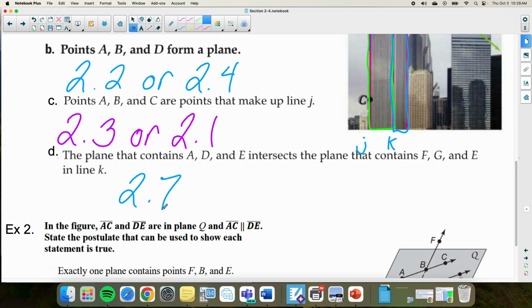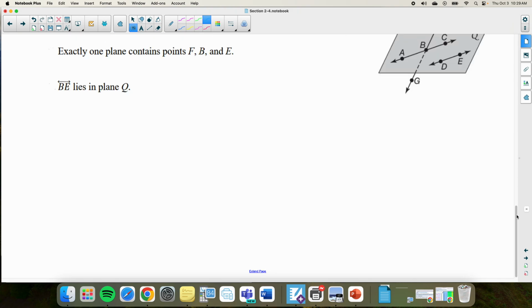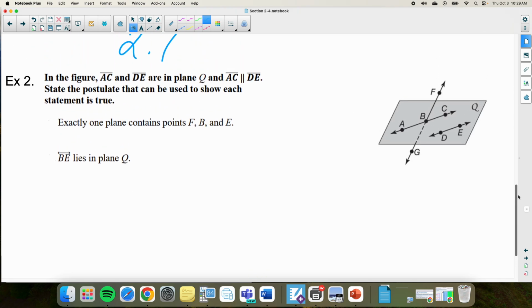All right. Now let's go down to this problem here, and it's the same thing. You're just going to write 2.1, 2.2, 2.3. And this first one says, exactly one plane contains F, B, and E. When you first look at F, B, and E, you might think there's not a plane that goes through there. However, let's check if there is a plane that would go through there.